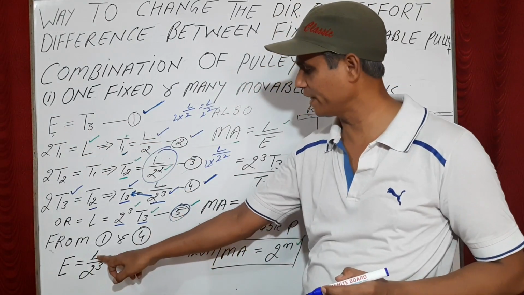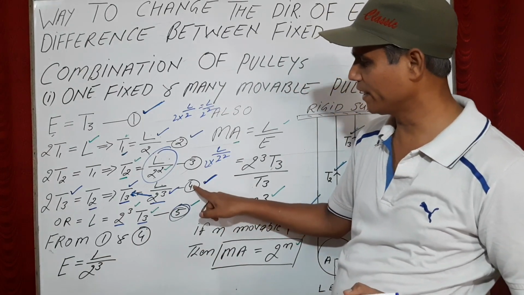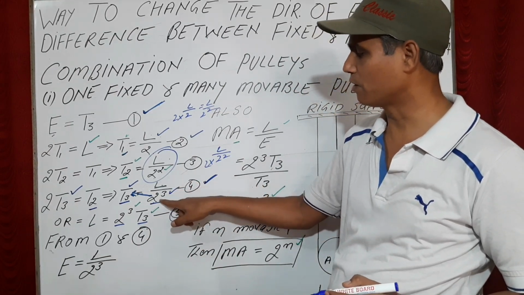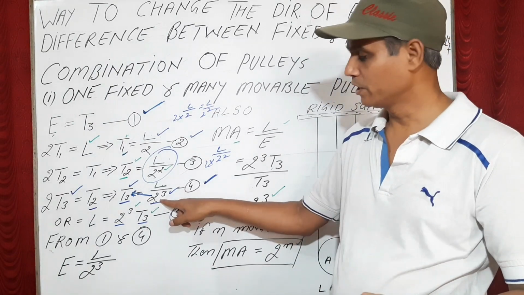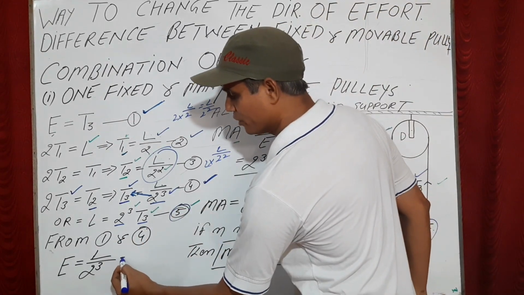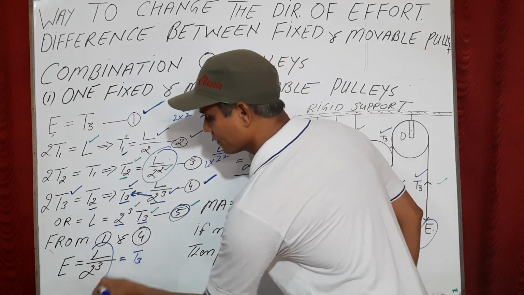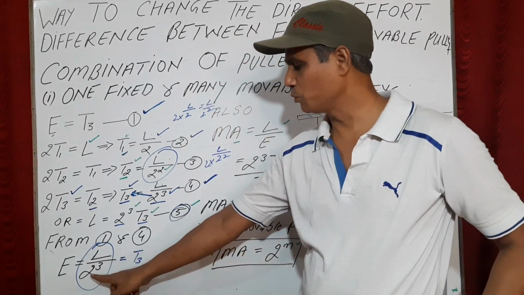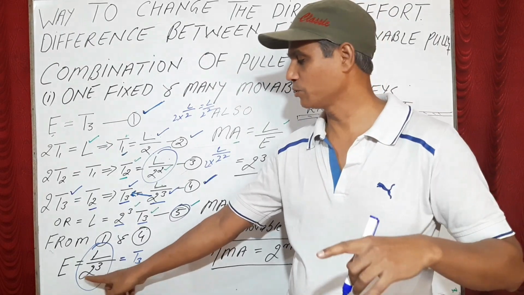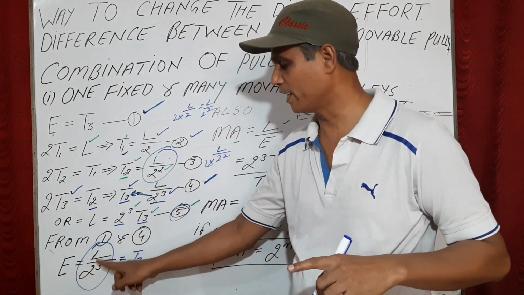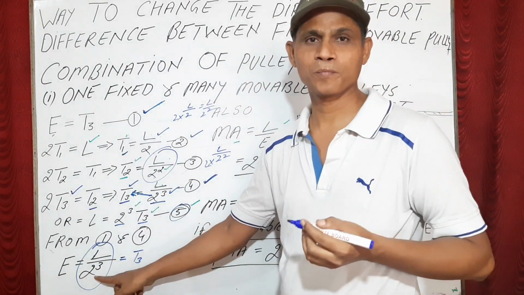Now the value of T3 is L upon 2 raised power 3. So you are having E is equal to L upon 2 raised power 3.